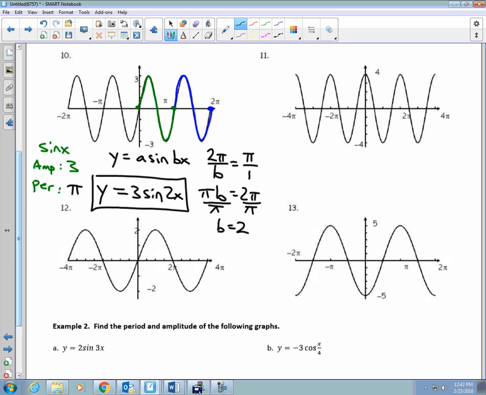Sine or cosine? Cosine. Amplitude. 4. Period. That's 1 cycle, right? That's 2 pi, right?